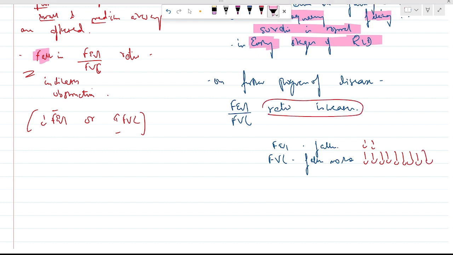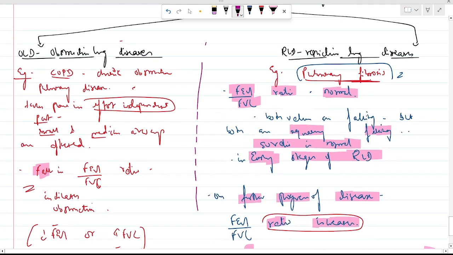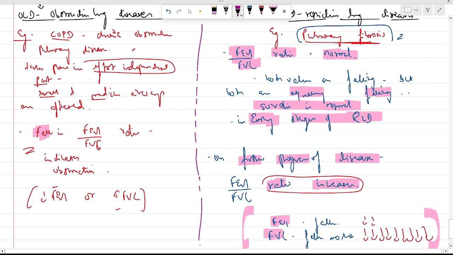This was the restrictive lung disease ratio interpretation. In obstructive lung disease like COPD, the ratio falls. But in pulmonary fibrosis, in early stages the ratio is normal, but in later stages the ratio increases because the FVC fall is more as compared to FEV1.